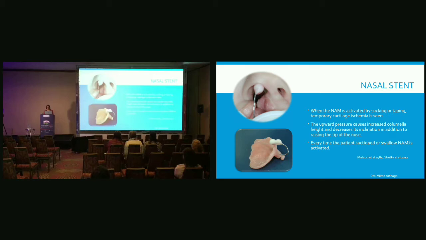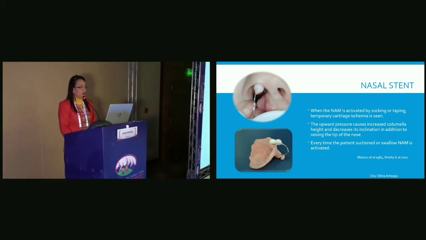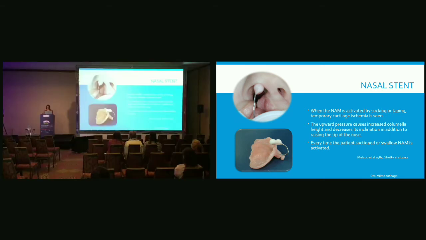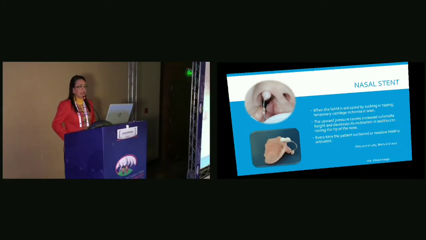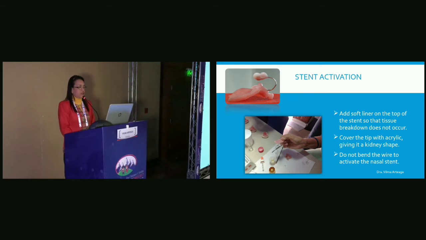And the upward pressure causes increased columella height and decreases the inclination, in addition to raising of the tip of the nose. And every time the patient suction or swallow, NAM is activated. And that is why we don't recommend and we don't use any type of prosthesis adhesive to use with these patients in any of the 2 stages.